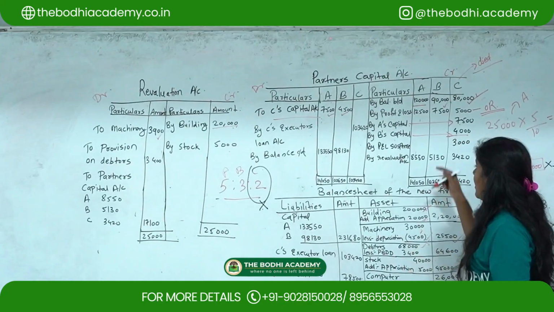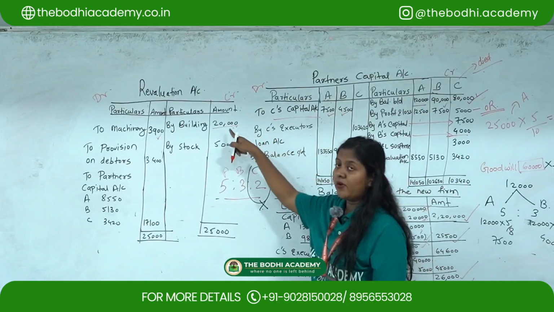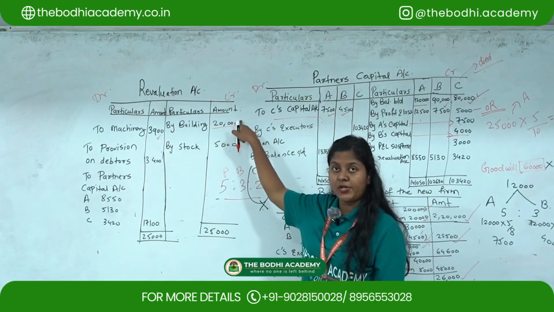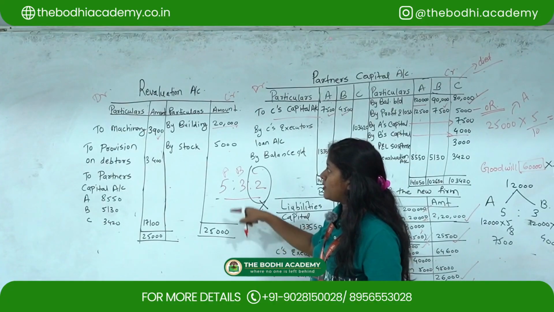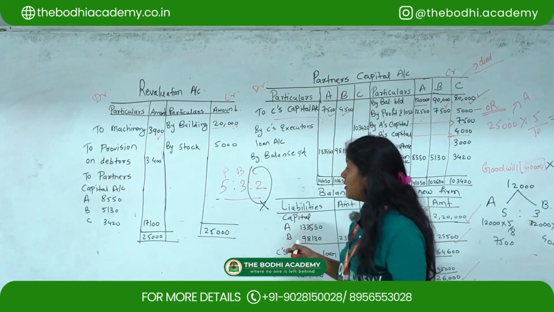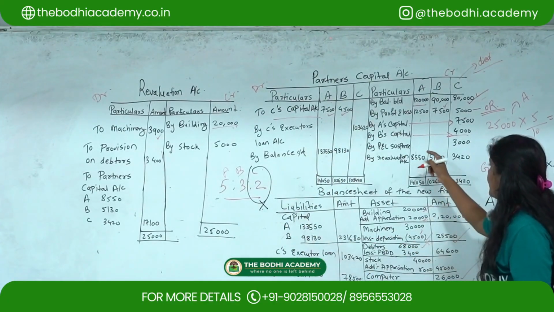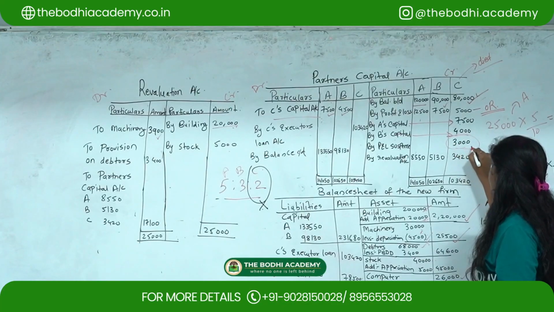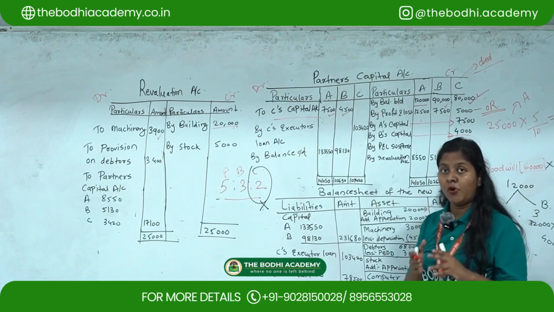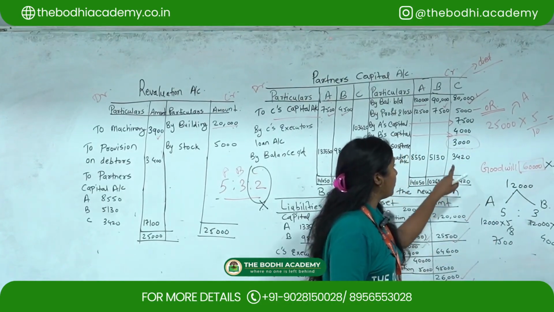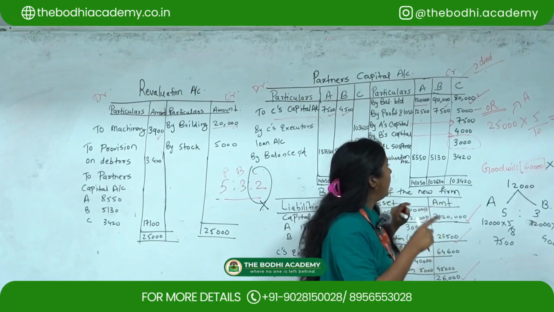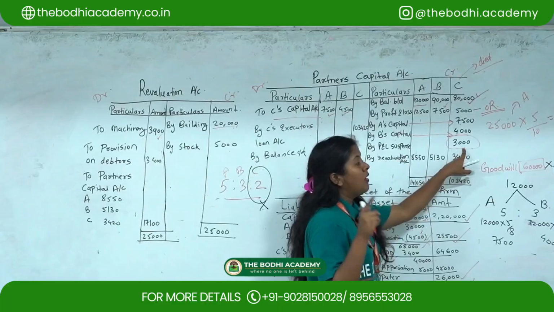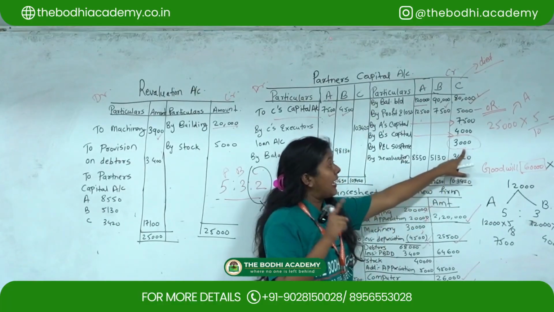Then, after doing this, you have to calculate all of it, that is, from the revaluation account you have to check first. You have to take this side first and check which side is heavier. Also here they have given the profit and loss suspense account. If you want to calculate that, you have to take the profit of the particular partner and multiply it by the retiring or deceased partner's share.